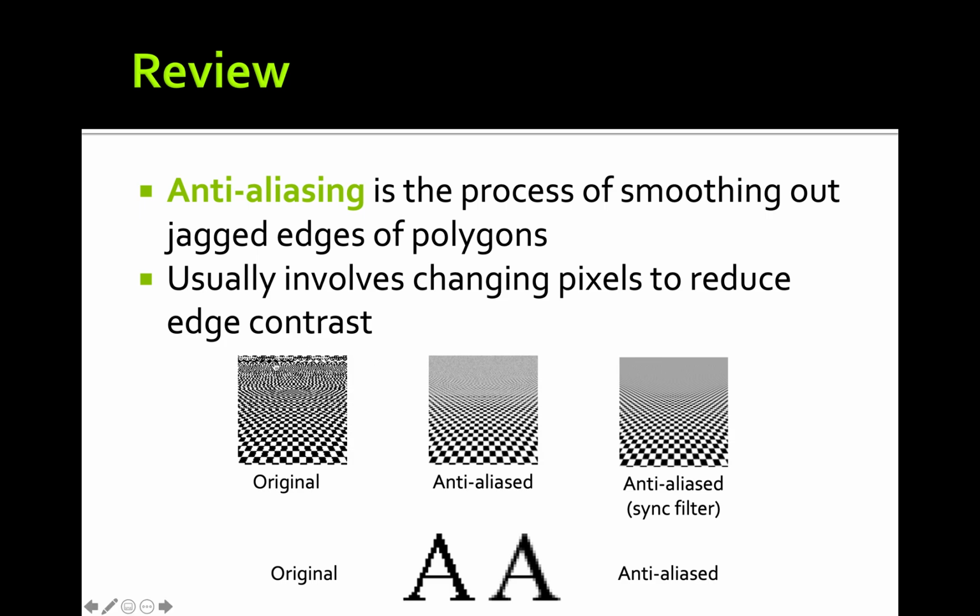This is the original one, and here you can see the jagged edges. We are trying to smooth them out so the image looks better, reducing the effect of aliasing in images with reduced quality or resolution.